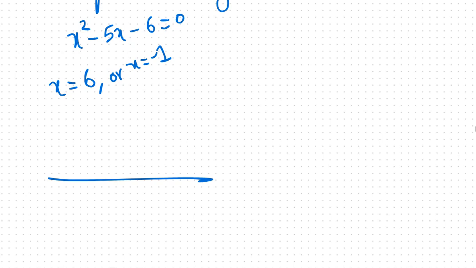So negative 1 will be on the left side, 6 will be on the right side, correct? Let's say the y axis is closer to negative 1.